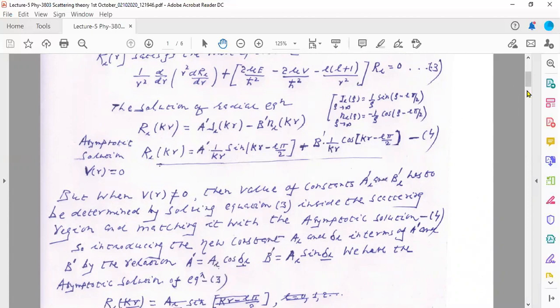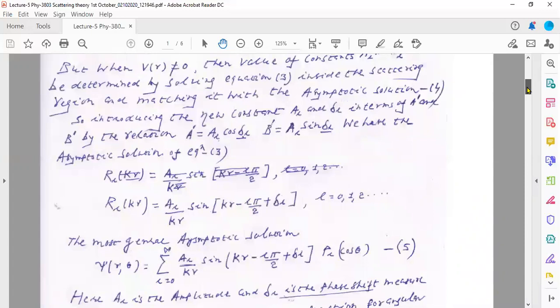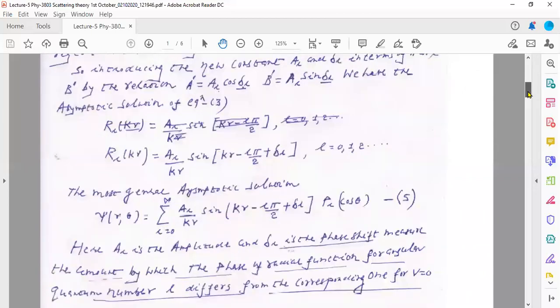So we write down this constant AL upon kr, sine of kr minus L pi by 2 plus delta L, and I will give the physical interpretation of this delta L, which is known as the phase shift.